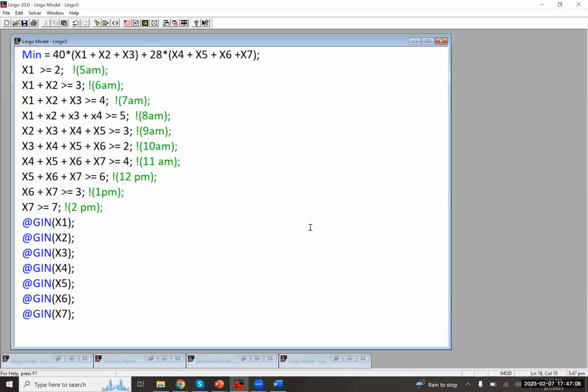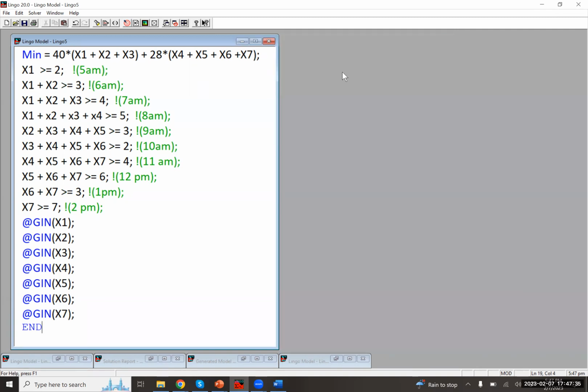And in LINDO, this general integer restriction has to be inserted after the ending mark. Okay, like that. But for LINGO, you have to include this general integer restriction before the ending mark. So that's another big difference between LINDO and LINGO.